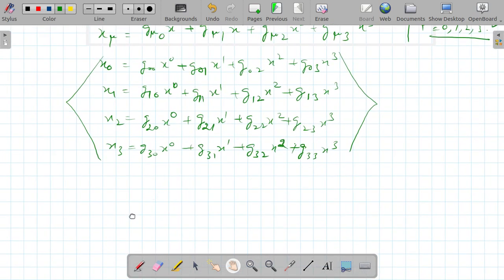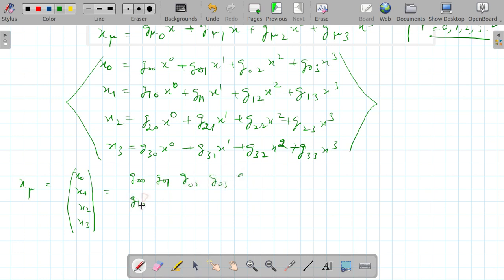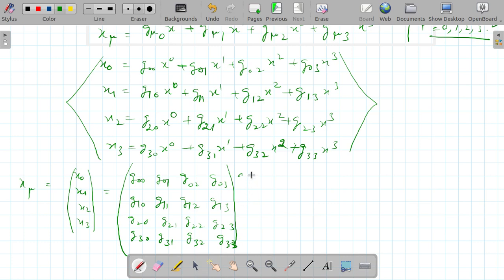In matrix form, x mu, that is the column x0, x1, x2, x3, must be equal to the matrix g00, g01, g02, g03; g10, g11, g12, g13; g20, g21, g22, g23; g30, g31, g32, g33, multiplying the column x0, x1, x2, x3.